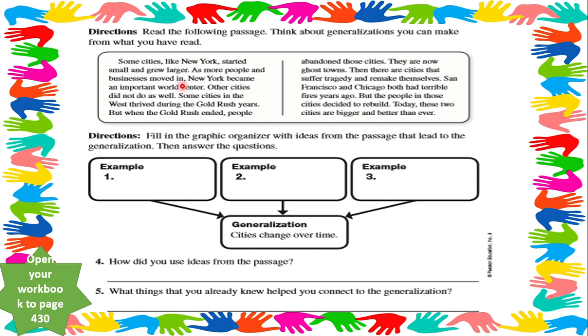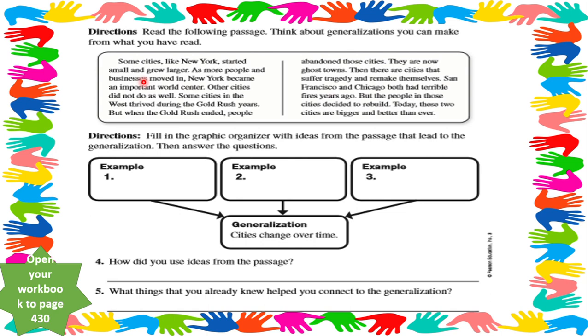First it was small and then it became larger as more people and businesses moved in, as there were more people coming to the state and there were many places. Businesses are places like, for example, Center Point, McDonald's. These are all businesses.